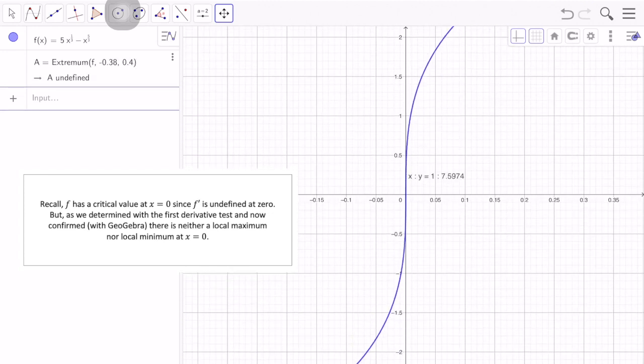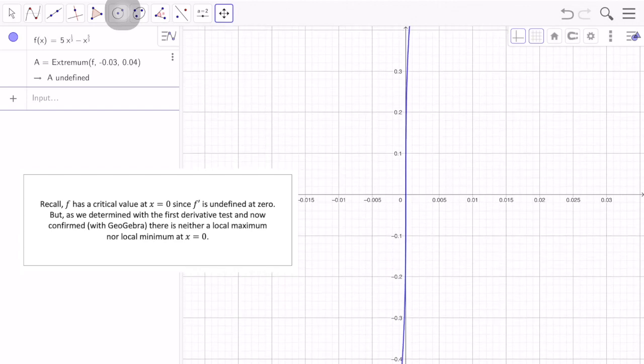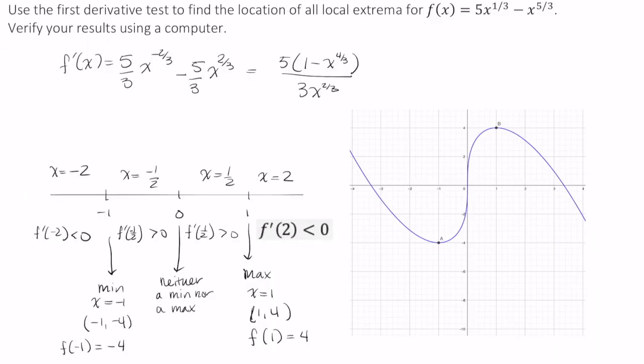If you notice, it looks like the tangent line is vertical there. So if we get really close, that looks like just a blue vertical line. All right, so we have used technology to verify that this point here, A, and this point here, B, on my graph, are indeed the only local minimum and local maximum.